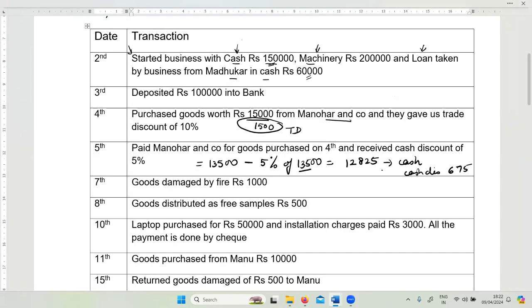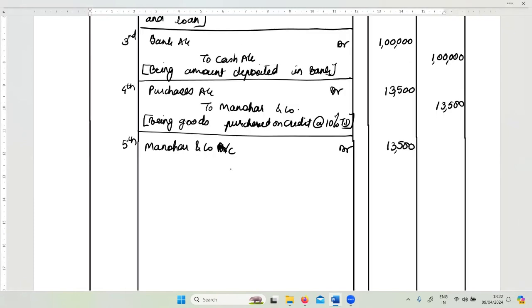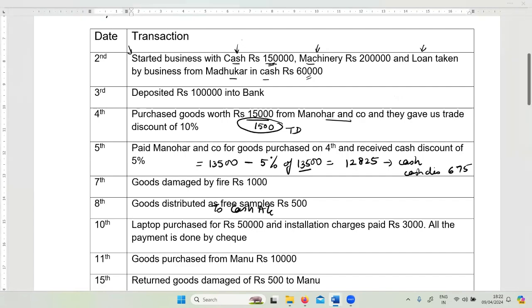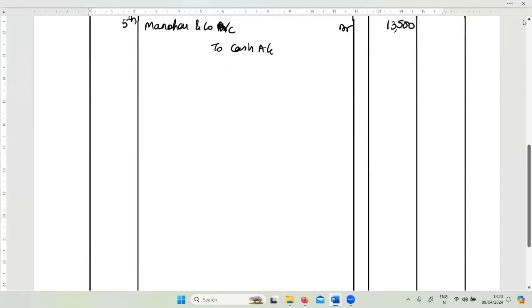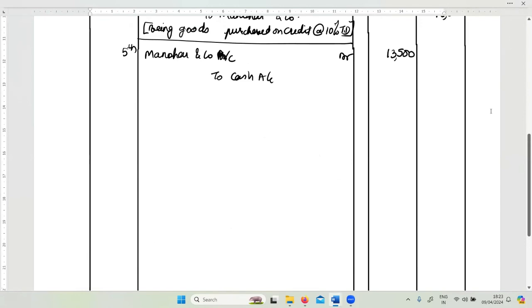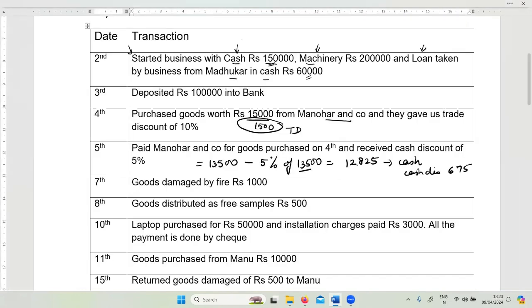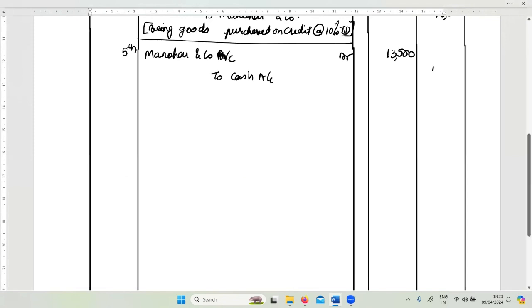Cash account, I'm making the payment how much? To cash account. What is the amount that I'm paying in cash? I'm paying in cash 12,825. So I'm going to write here on credit side, cash is going out, 12,825. And two, discount, what am I doing? Given or received? It is received.